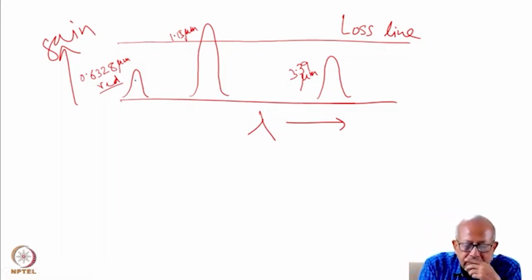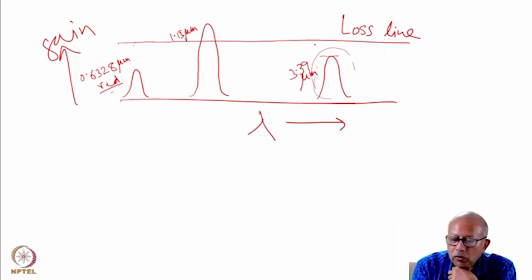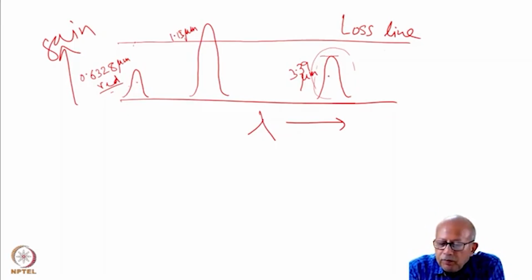Now see, for these lines, this visible transition and one infrared transition, gain actually lies below the loss line. Therefore, we now know that the oscillation or amplification of light will not be possible in these two transitions.